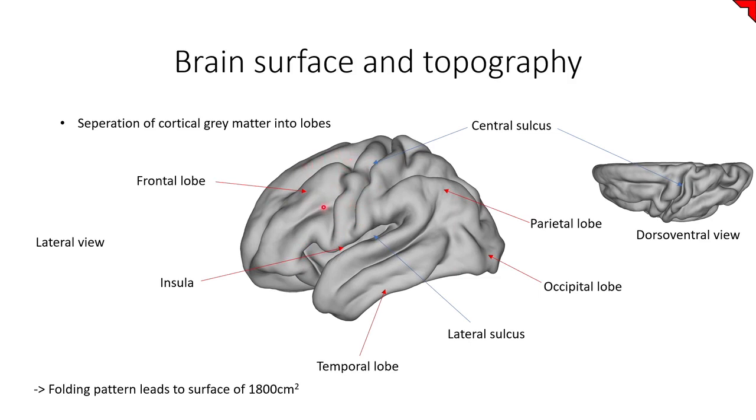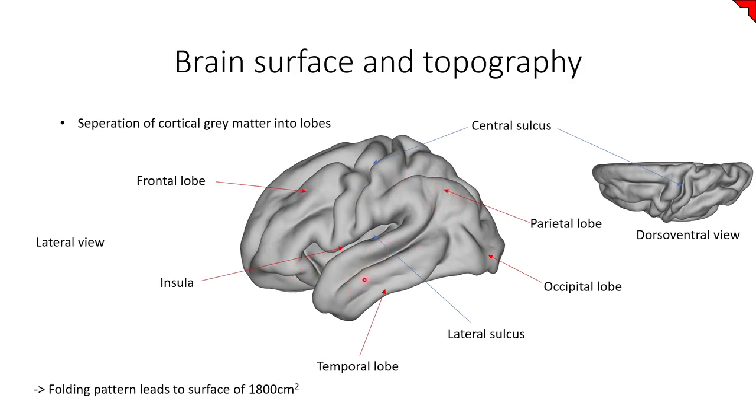By these morphometric structures, the sulci and fissures, we can differentiate between different lobes. This is not the only differentiation; the most important differentiation is actually by function, but it helps in differentiating this. We can see here the frontal lobe that is separated by the central sulcus from the parietal lobe.